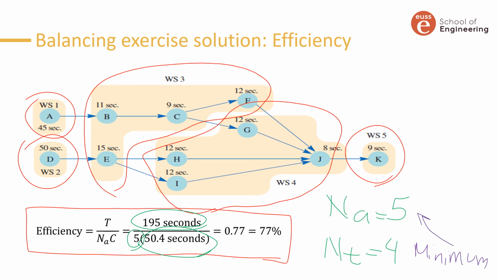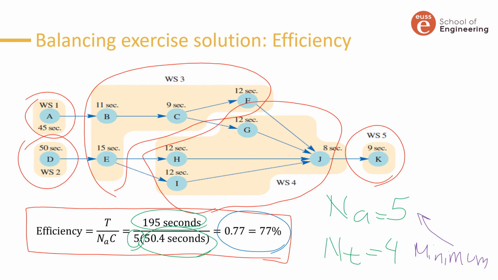This 5 is possible because we are not allowed to have less than 4, but we are allowed to have more than 4. So based on this calculation, the efficiency of the system will be 77%. Good, but not that satisfactory.